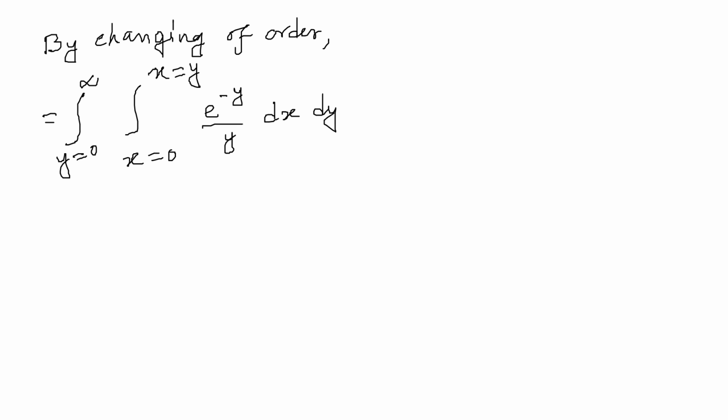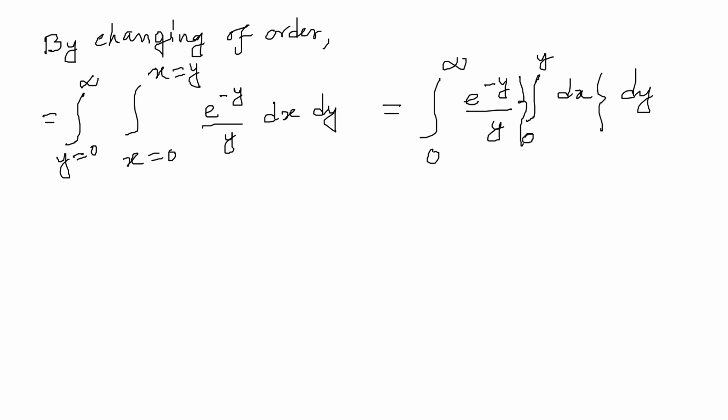Whenever we integrate with respect to x first, y is constant. In the integrand only the y term is there, so you can keep it outside, e to the power minus y by y. Okay, and you can do the integration for x, dx, and next dy.